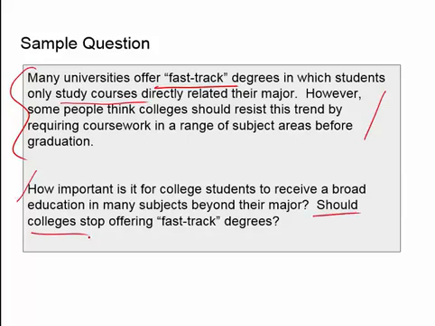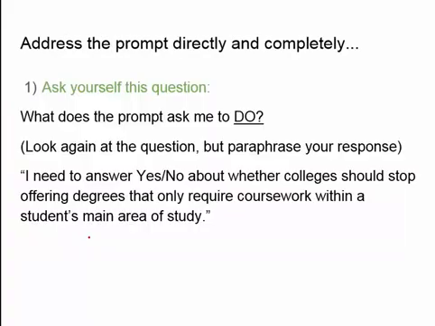Obviously, at the end, they ask you a question. Should colleges stop offering fast-track degrees? All right, well, then the answer to what you're supposed to do comes from there. And you don't need to write this down in your notes as you're planning for your essay. But this should become something that is automatic, something you just think about really quickly after you read an IELTS Task 2 prompt.